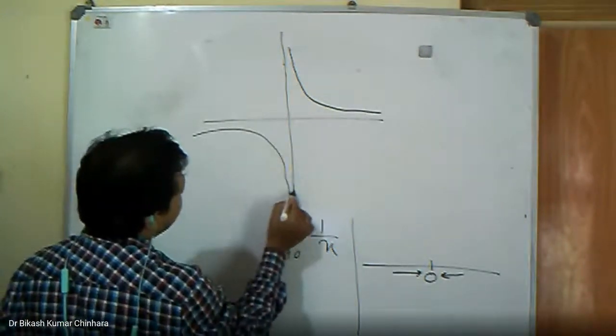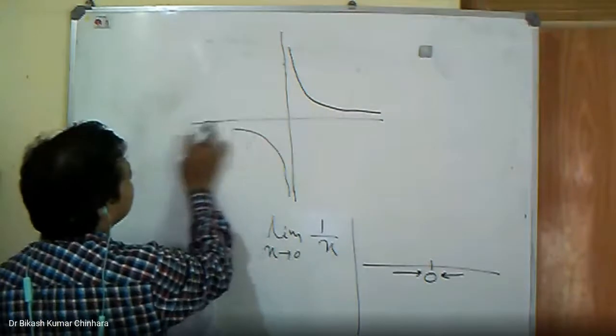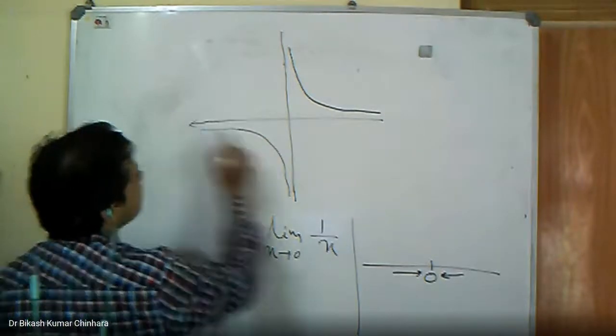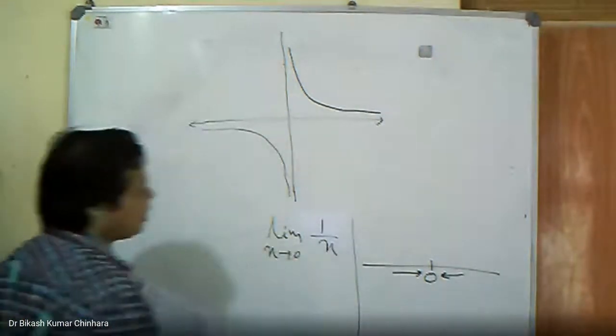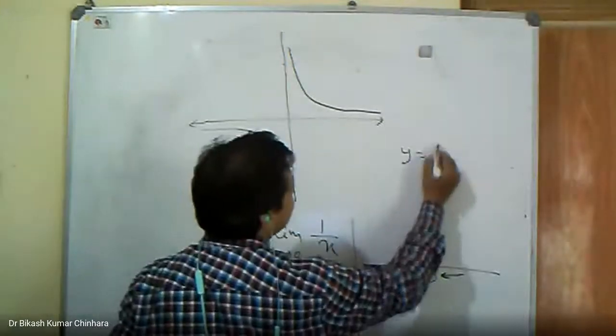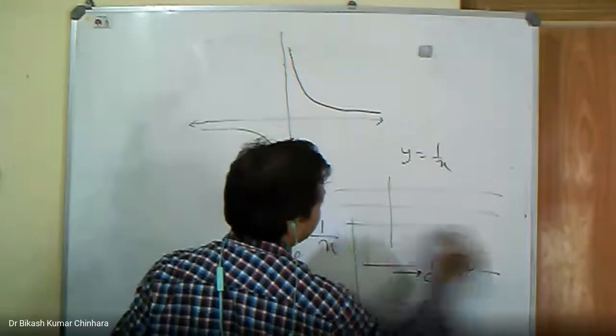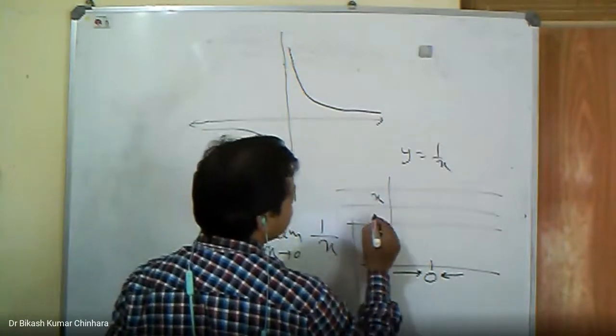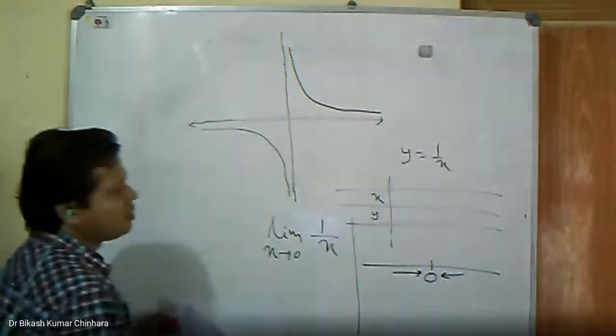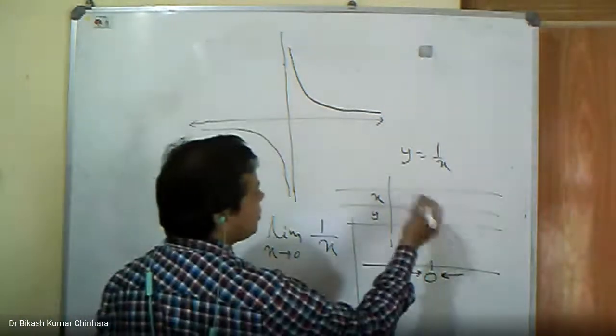You draw this graph. So this is the graph of 1 by x. How am I plotting? I am taking y equal to 1 by x, and I am making a table. Suppose this is my x value, this is my y value. So I am taking different values for x.